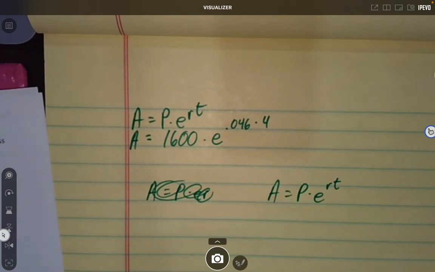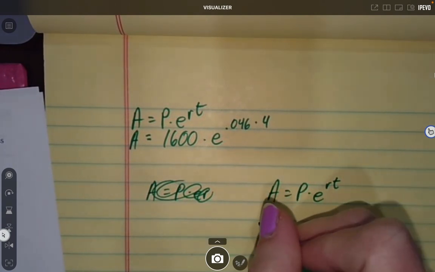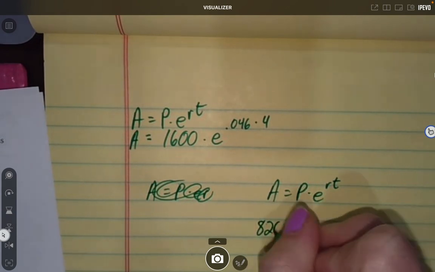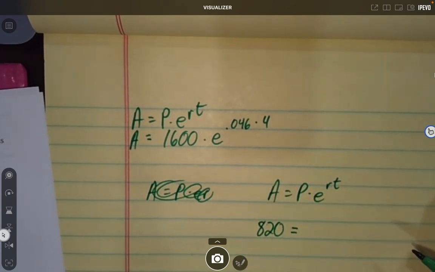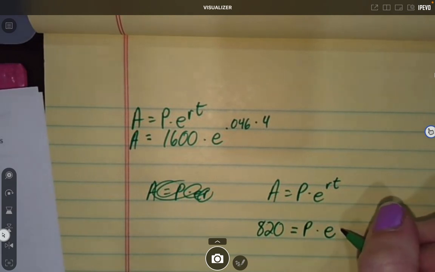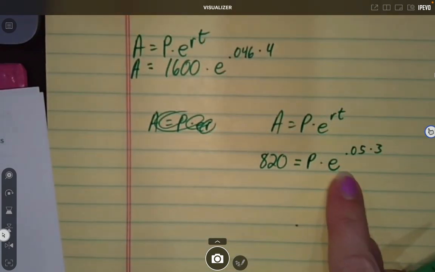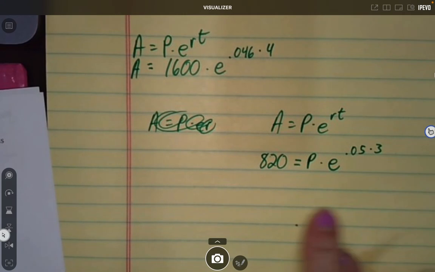It says how much money did you invest? So how much money did you start with? 15 is not on there, but this is what they've been doing in college algebra. On number 15, you would set it up like this. It says it's yielding $820. That means that's how much you're getting. You don't know your starting amount, and then it's 0.05 times 3. Okay, now we would just divide by e to the RT.